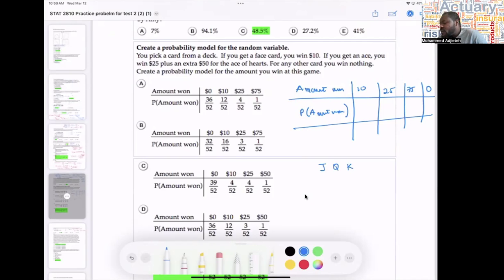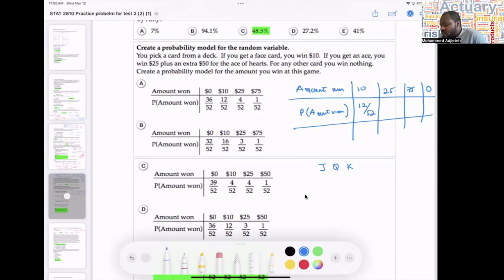You have all these 3 for spades, all these 3 for clubs, all these 3 for hearts, and then the other one. So it means that we have 12 of them in total. So the probability of getting $10 is 12 over 52. So we've done that one.